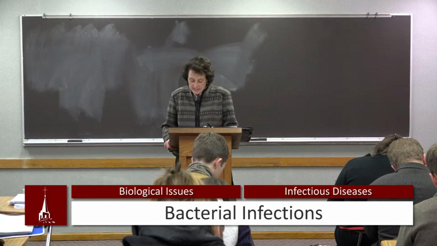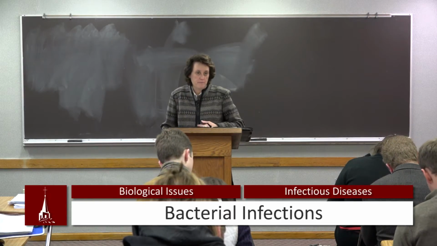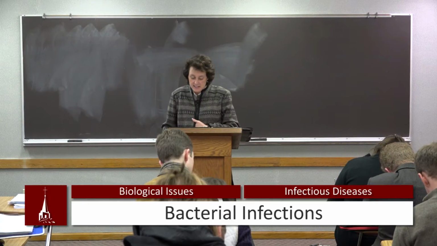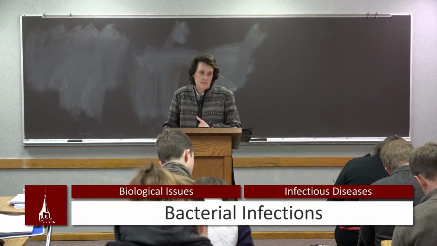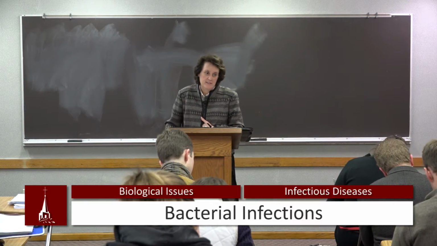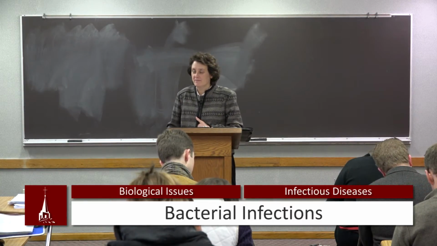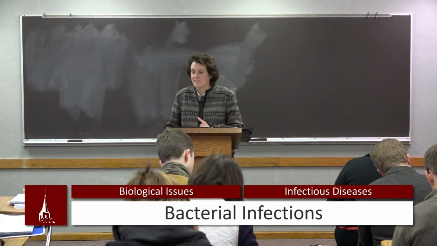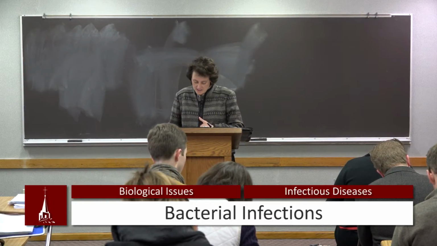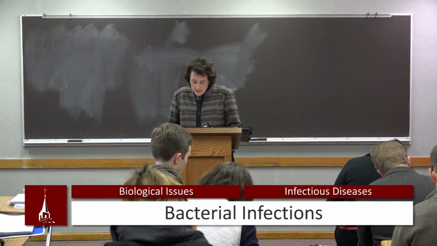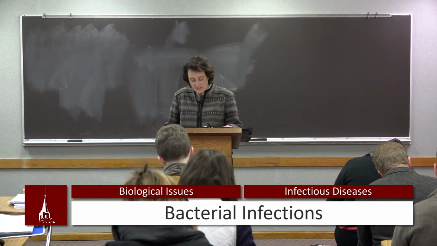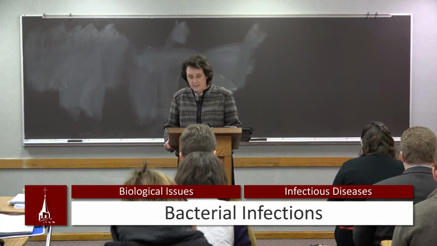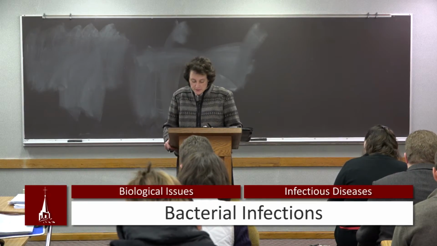Number 3, they release toxins. A 4th one, that's not on our main list, is that some bacteria can cause immune over-responses. What are those? Allergies and so forth. So bacteria: what are they? How do they evade the immune system? How do they get in? How do they cause problems?